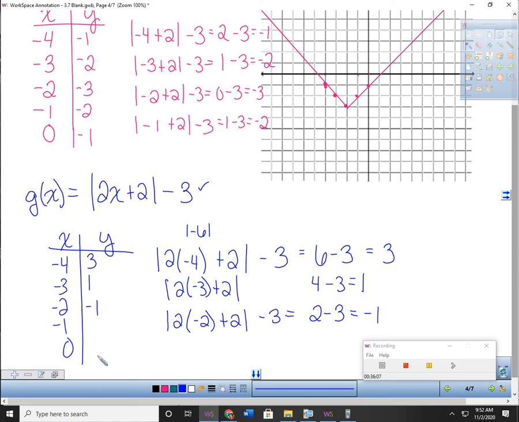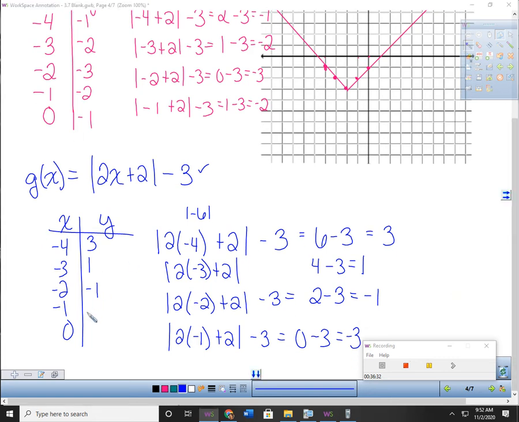Then you do the same thing with negative 1. 2 times negative 1 plus 2, and then minus 3. So negative 2 plus 2 is 0, and 0 minus 3 is negative 3. Notice we have not turned yet, correct?